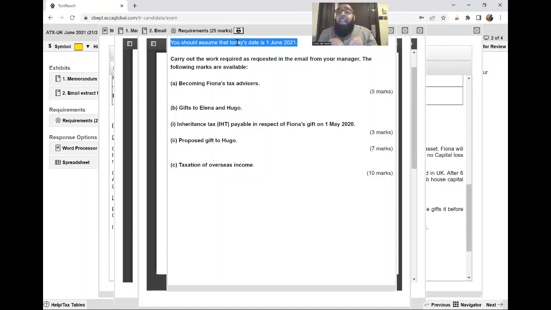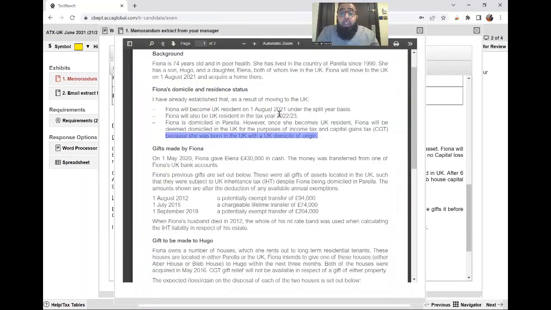And currently, she has not arrived in UK because she will arrive in UK in August 2021. Okay. So in any case, whether she gives before arrival or after arrival, it will be a gift in 2021-22. Now, even if she becomes resident in 2021-22, she is not resident in the previous years.